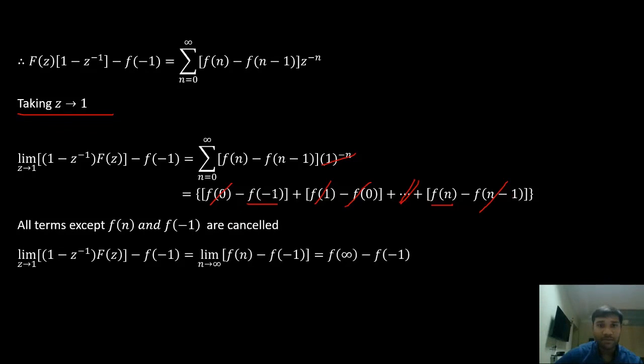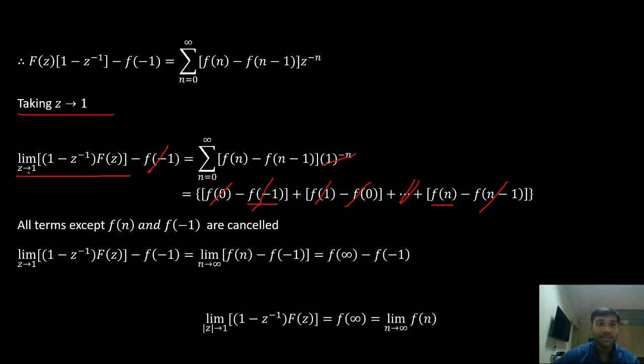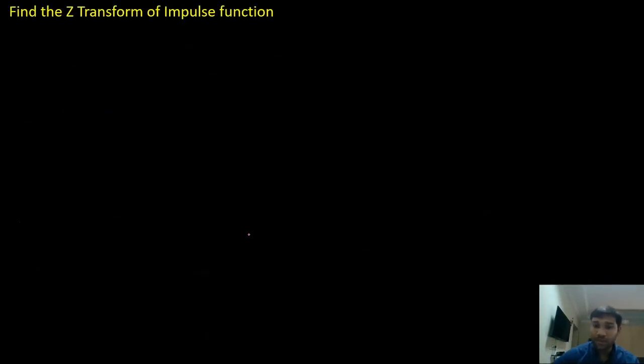This f of minus 1, and here I have negative of f of minus 1, both of them will also get cancelled. So what is left? My left hand side is limit z tends to 1, 1 minus z inverse of f of z, which is nothing but, on the right hand side, I have limit n tends to infinity f of n.